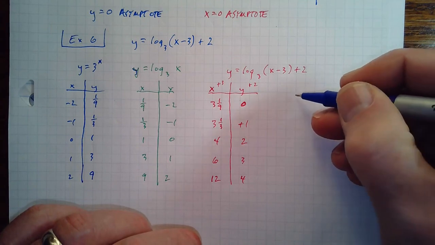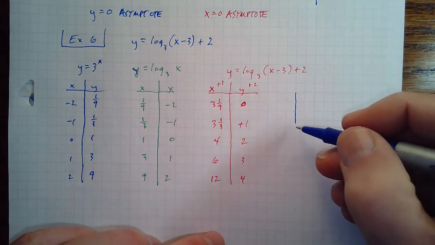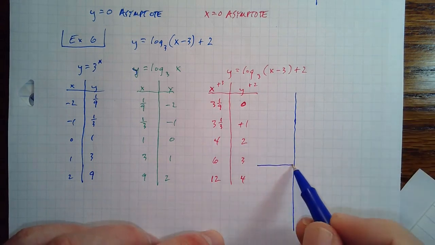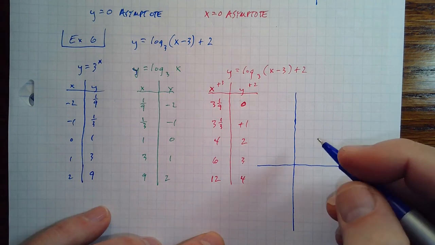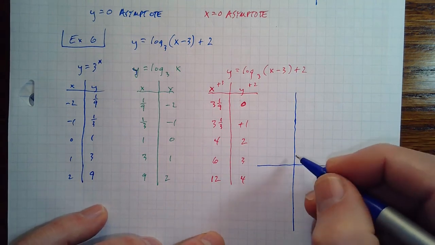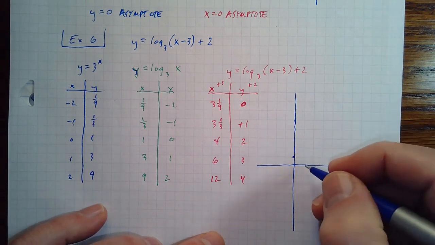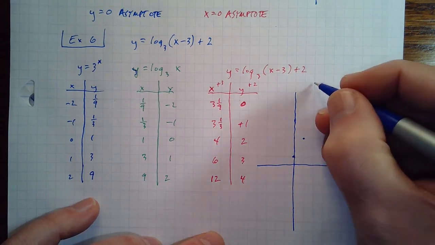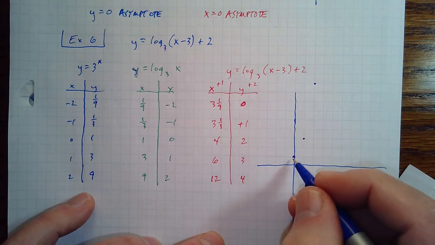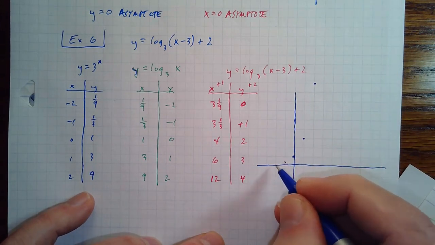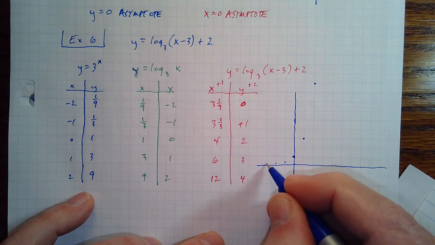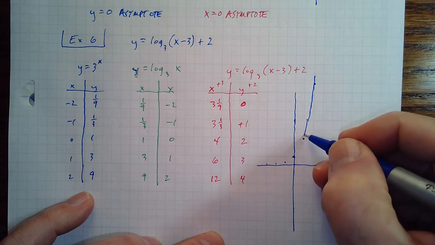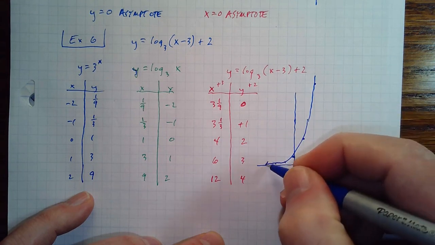So again, let's see if I can get this to fit in here. So my exponential one goes through 1. 1 gives me a 3, and 2 gave me 3, 6, 9. And then negative 1 gave me a 1/3, and then a 1/9, and then a 1/27. So there's my typical growth for the inverse of this.